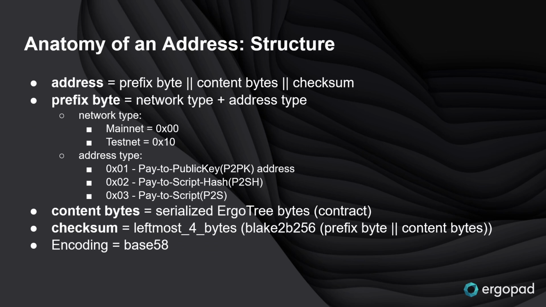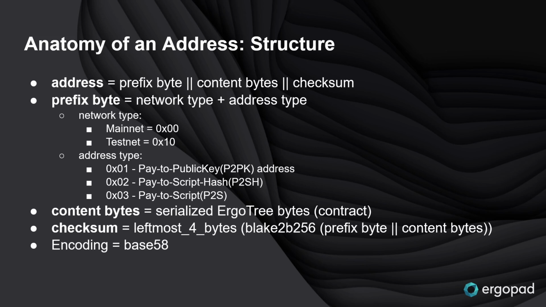So what is the actual structure of the address? Under the hood, it's actually just three values that get appended to each other. We have the prefix byte, which is the network address plus the address type. So you could be mainnet or testnet, and then one of the three address types. Then the middle section is the content bytes.